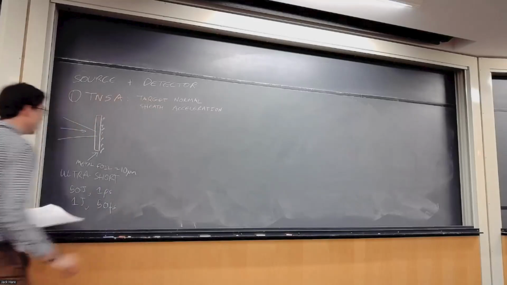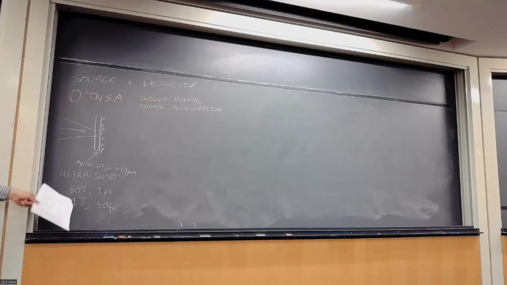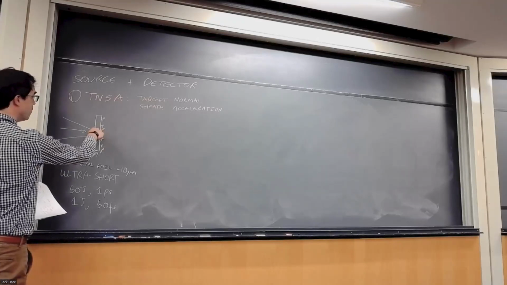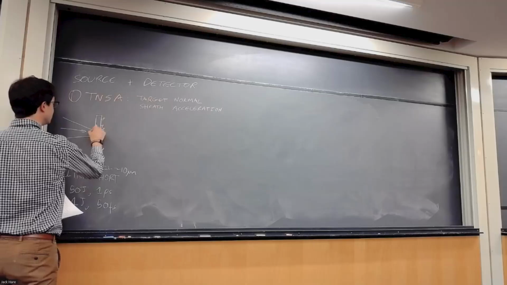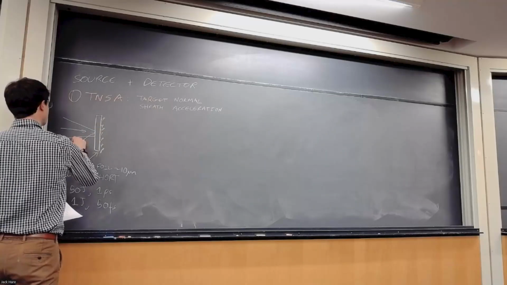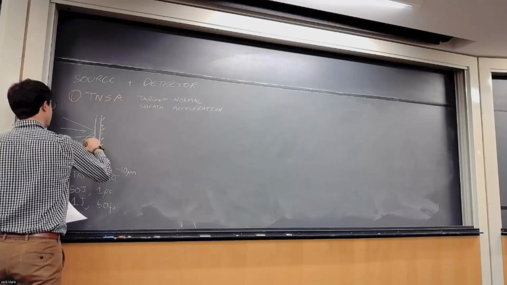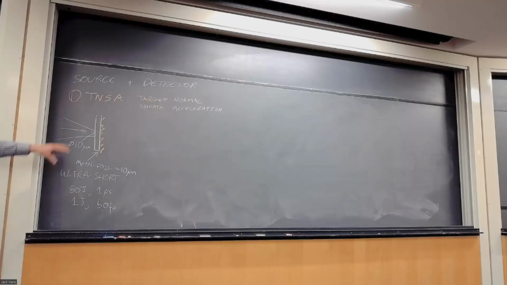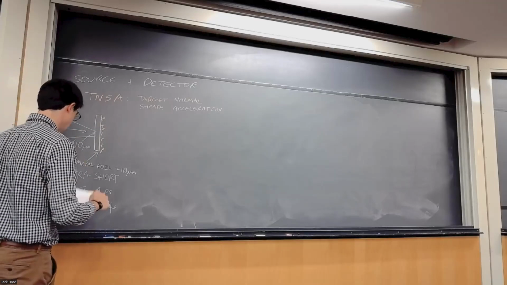A femtosecond is 10 to the minus 15 seconds. So these are seriously short laser pulses. And this is a seriously intense focal spot here, down to about 10 microns. We can focus the laser down to. So that's a lot of electrical energy being focused into a very small spot on a very short time scale.